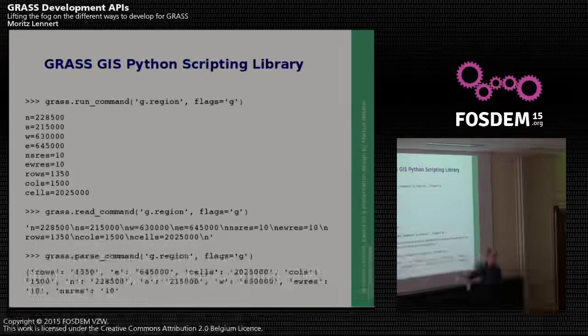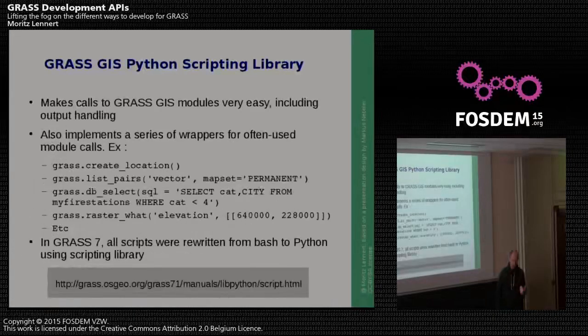Or you can put out a Python dictionary. So you have these different functions in the Grass scripting library that allow you to call Grass commands in different ways and to have different types of outputs. This makes the call to Grass modules really easy, and so it makes it easier to actually develop Python scripts around that.